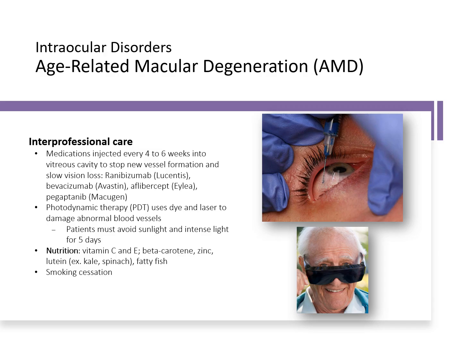So for these patients, they can get these injections into the eyeball, okay, every 4 to 6 weeks into the vitreous cavity, and this is going to stop those vessels from forming, and hopefully it'll slow the progression. So these are the medications here, okay. So photodynamic therapy uses a dye, which means the patient's going to be injected with a dye, and then after that, a laser is used to activate the dye in the eye.